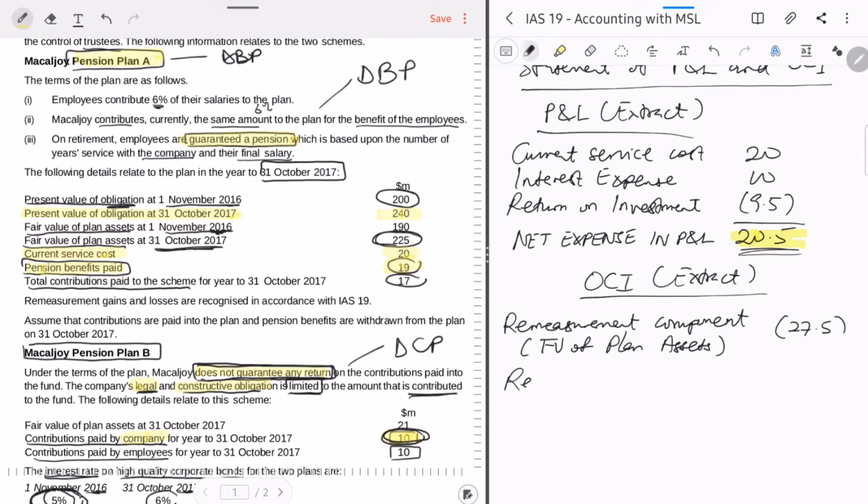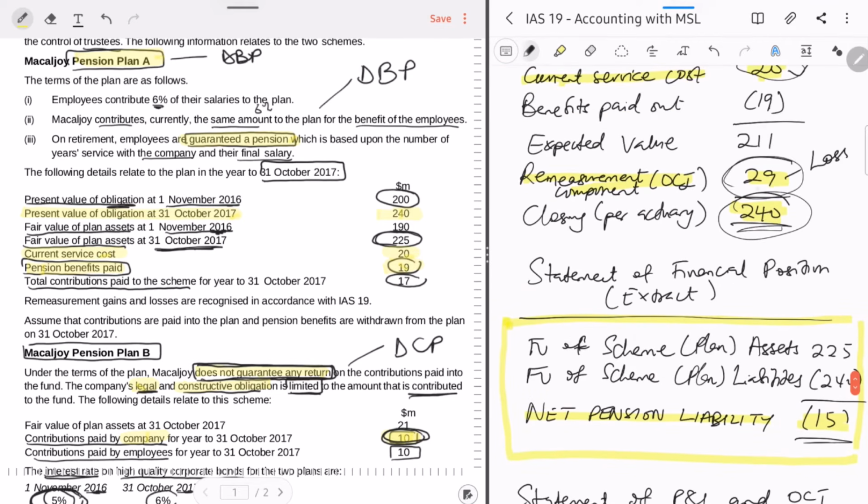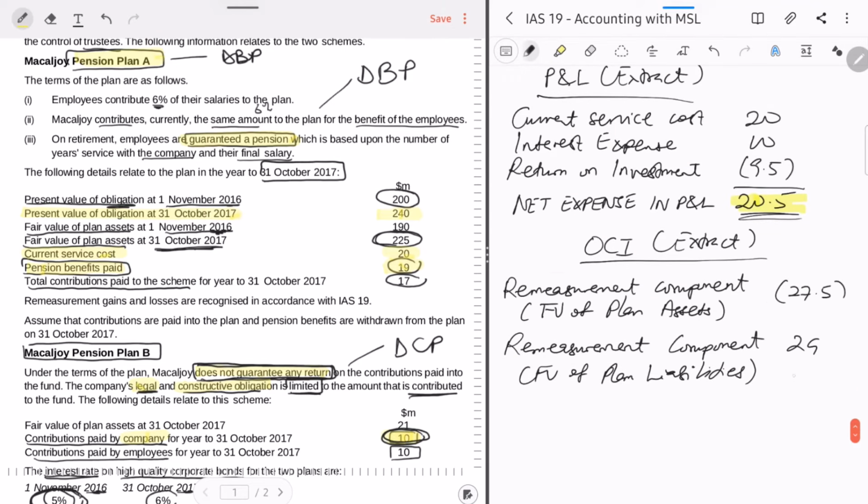Then let's do the next one, remeasurement component. This time from what? The fair value of plan liabilities. What did that give me? I got what? 29, a loss of 29. So 29 here.